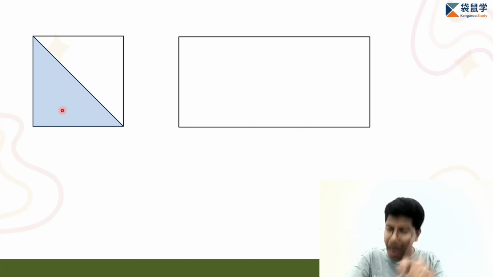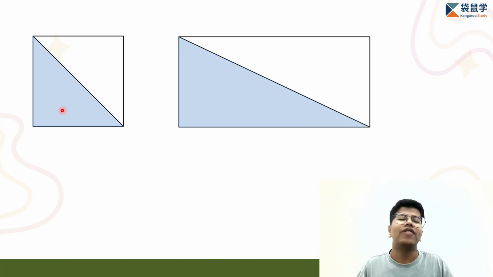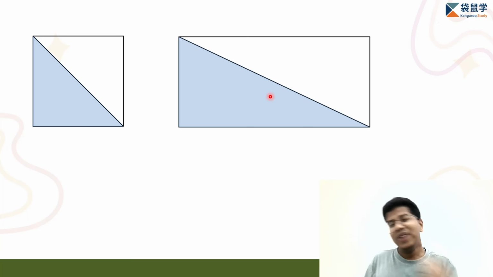Now if I take another example where instead of a square I have a rectangle. But I have the same diagonal and I am going to shade one of the parts. Now can anyone tell me what is the relation of this shaded part with the entire rectangle? Yes, again it's half. We can observe if I draw a diagonal, one of the parts will be just half.